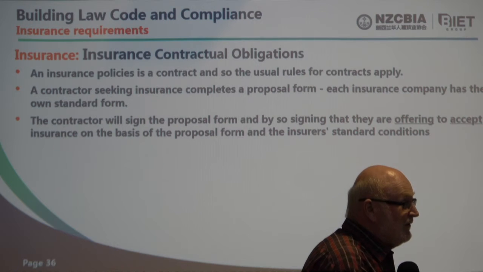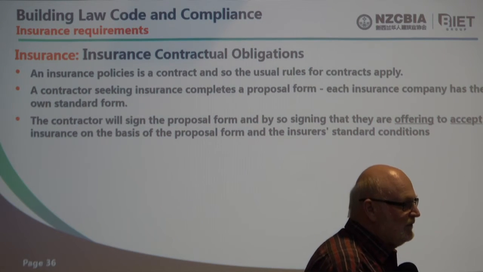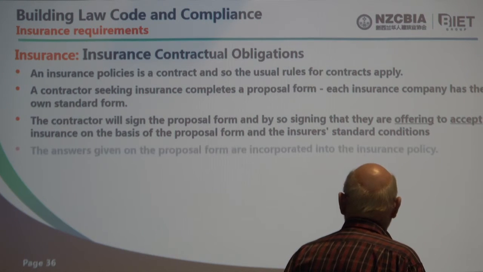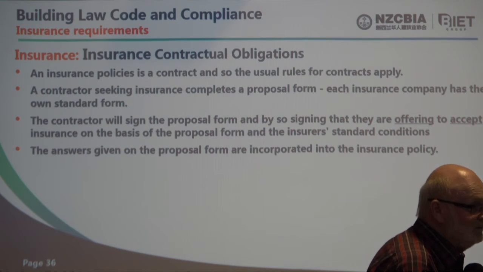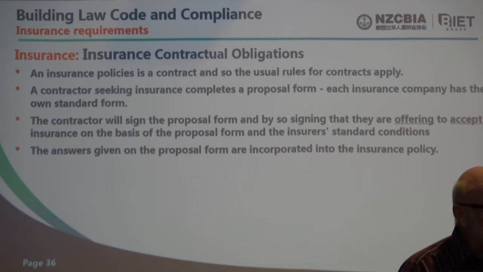So it's a contract, offer and acceptance. I sign the form, I'm accepting your offer to insure. Answers given on the proposal are incorporated into the policy. You know this, you've insured your cars. You fill out a proposal, all of those answers get put into the policy. Why? Because the insurance company's managing their risk as well.